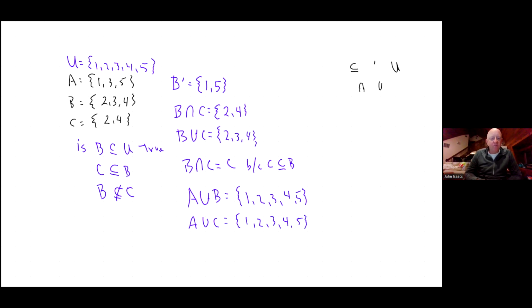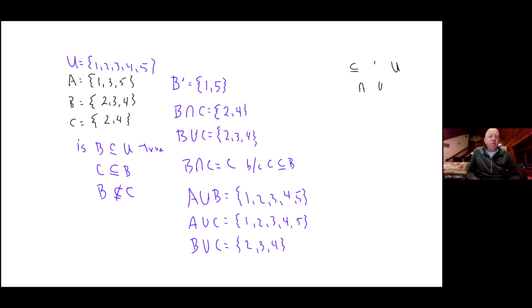We can also take B union C. B union C are things that are in B or C. So let's see, we have a 2 from both actually. They don't need to be in both, but we have them in both. We have a 3 from set B. We have a 4, happens to be also from both. So there's B union C.